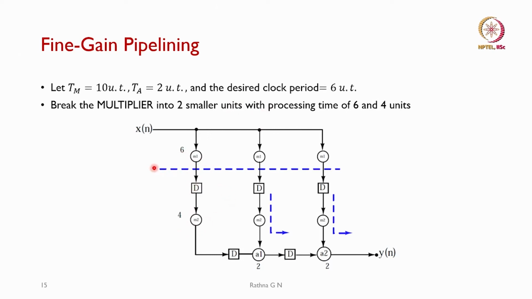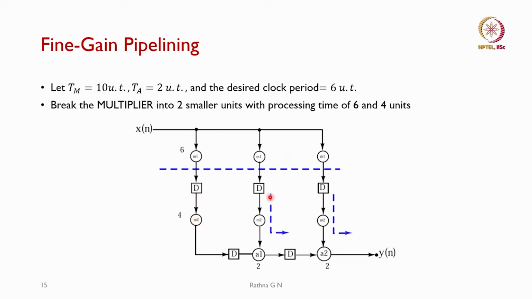So, we do a cut set here in the forward path and put a delay element in all the 3 legs of the filter, and then you will see that from anywhere to anywhere, that is input to this latch, is 6 units in all the cases, and from this latch to this latch it is only 4 units.